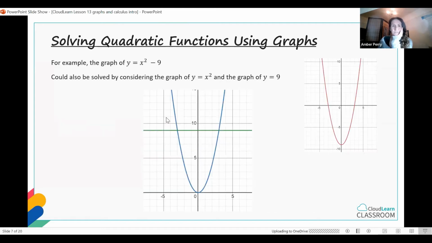You also do get, and again, this is more sort of higher tier than foundation, you could also be asked to find the solutions of the two graphs or the two simultaneous equations, something like this, y equals x squared, and the graph of y equals 9. And so what I've done here is I've plotted the graph of y equals x squared, and I've also plotted the linear graph y equals 9, okay?